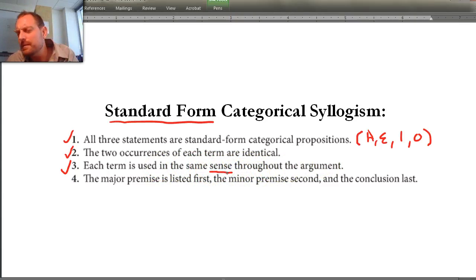criterion, because sometimes we can use a word and have different senses of it. For instance, a common one is when people say something like all men are fallible. When I say all men, I don't just mean males, but I mean all human beings, right? So you can imagine that the sense of the term men means different things depending upon how it gets used.